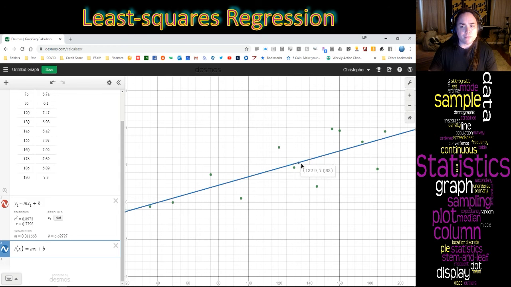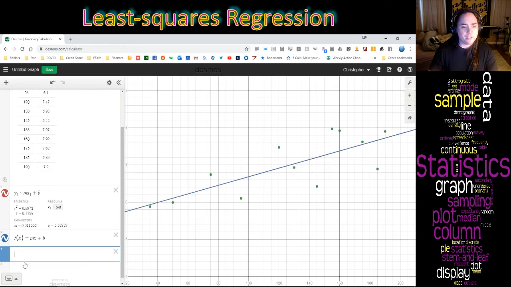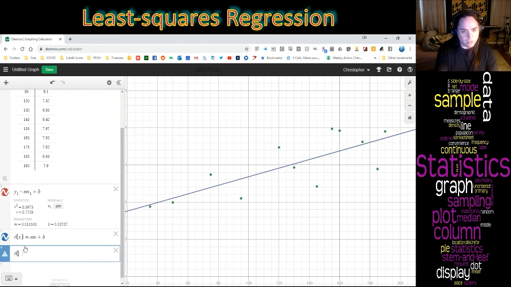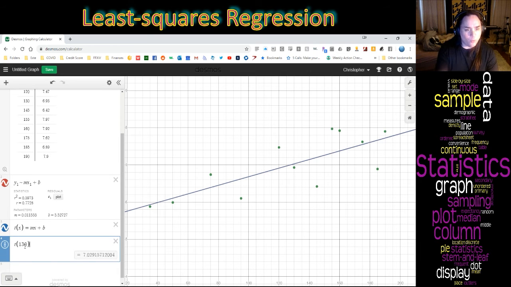I could just move up and down the line until I find it. That'll work. But another way to do it is to just make a function and type in t of 130. And it will give you a pretty good estimate. So about 7.03. That's how many minutes it's going to take to drill 5 feet if we start drilling at 130 feet below the ground.